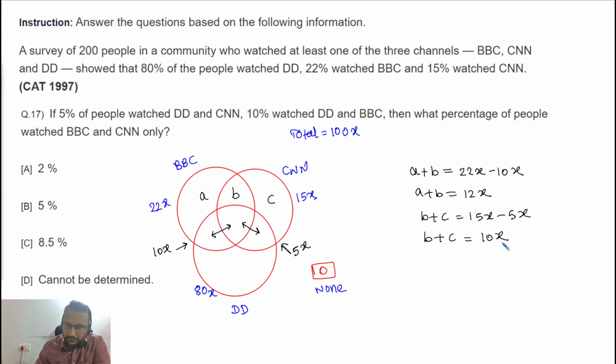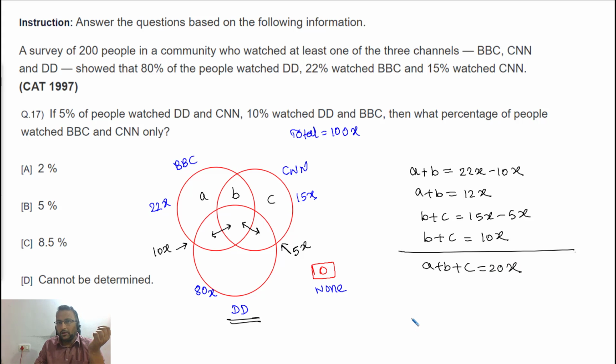Now outside the DD circle, the total value of DD circle is 80x, so outside DD circle there should be 20x. Outside DD circle it is A plus B plus C. This value is equal to 20x. So now if you add these two equations, you will get A plus B plus C plus B is equal to 22x.